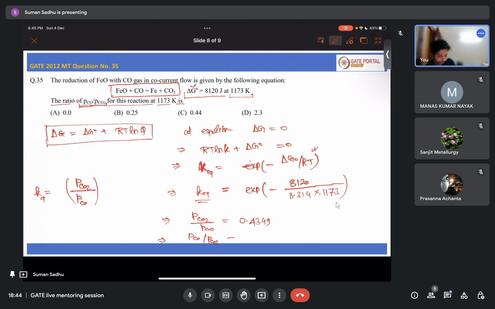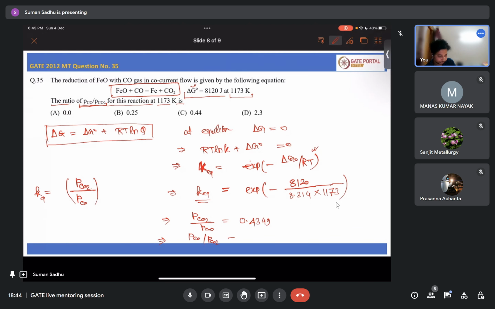So this is your reaction: FeO plus CO is equal to Fe plus CO2, right? So now if you write delta G in terms of each compound, then what will be?